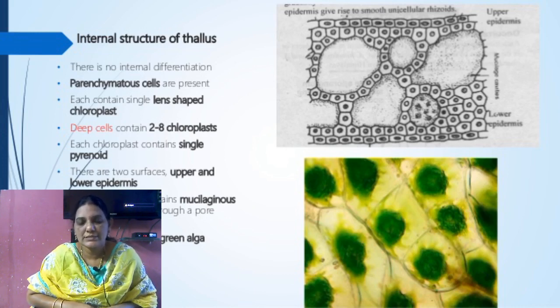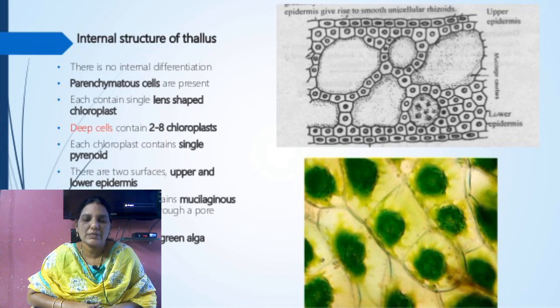The epidermis is again divided into two parts, upper epidermis and lower epidermis. The upper epidermis is a single layer, and the lower epidermis is also a single layer, made up of parenchyma tissue, and the lower epidermis has rhizoids.